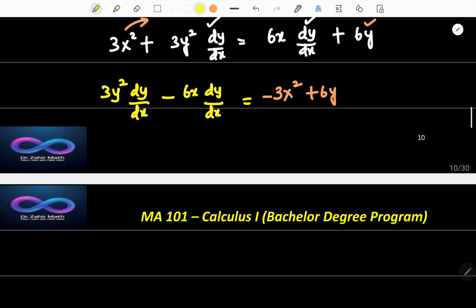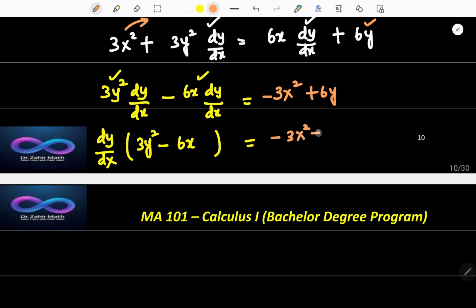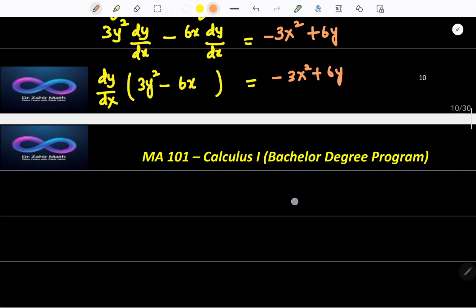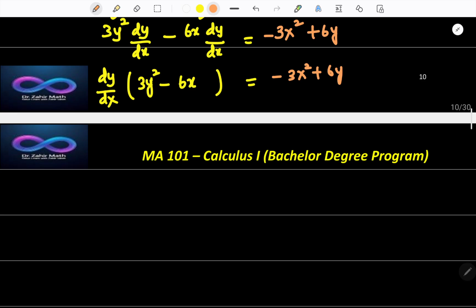Now what I'm going to do is take the common term, dy by dx, common. Arabic word amal mushtarak. My pronunciation may not be good, but amal mushtarak, okay? So what is baki, the remainder? It is 3y square minus 6x. Clear all of you? So this is equal to negative 3x square plus 6y. What is our job? Our job is to find dy by dx.